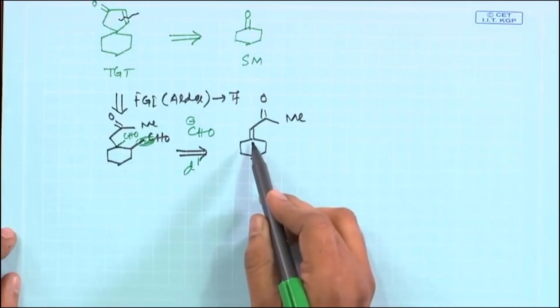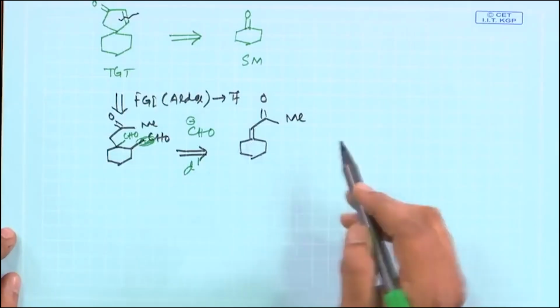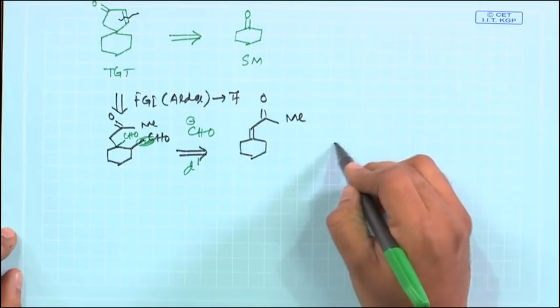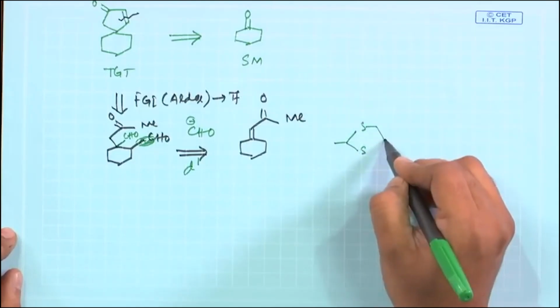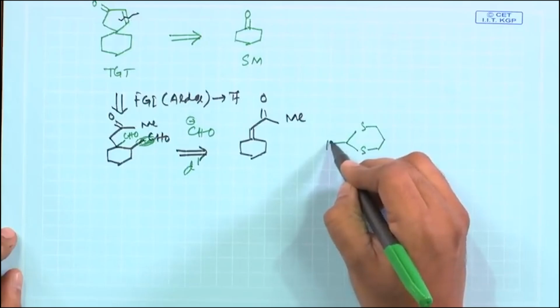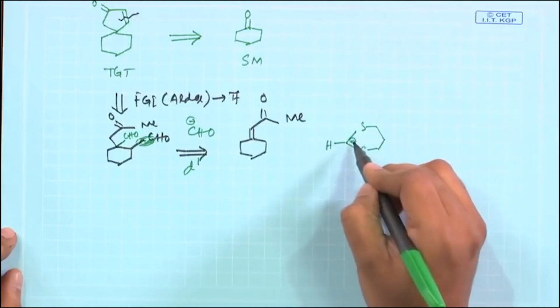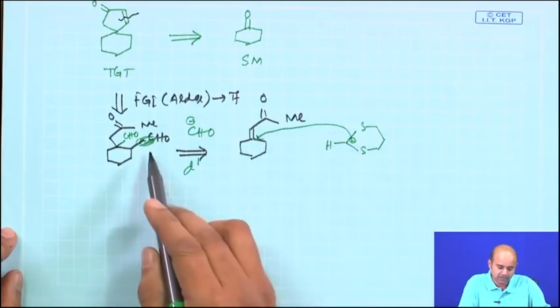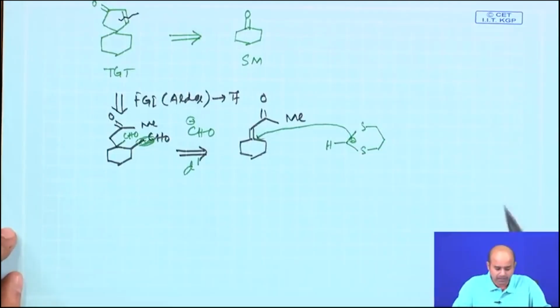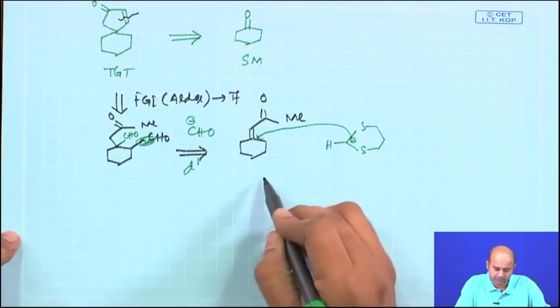Now, if you have an alpha beta unsaturated ketone, which is a Michael acceptor, and remember the last discussion, you can do a Michael addition directly here to come to this compound. There are other ways also, but fine, this is a simple one.